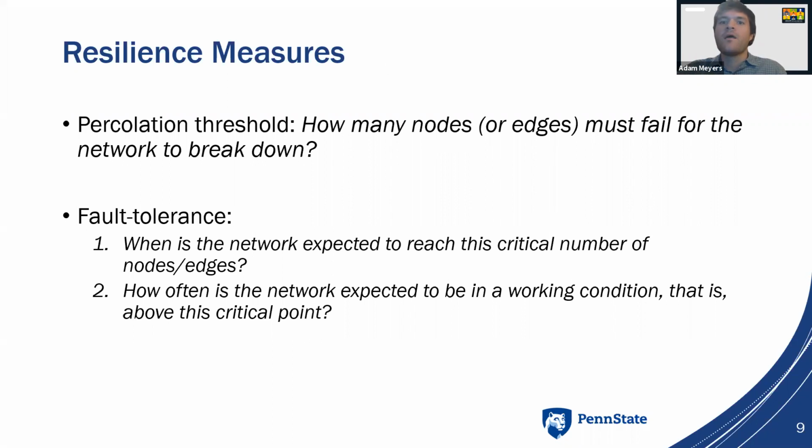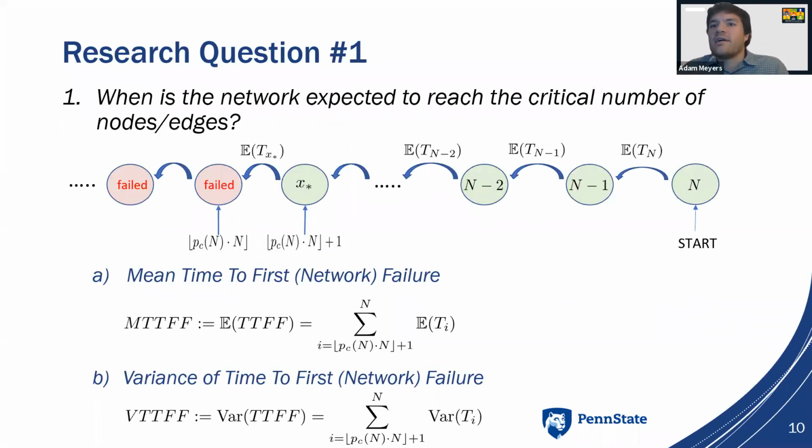For the first question, when is the network expected to reach the critical number? That's just the mean time to first failure. Here's the failure state of the network, right?